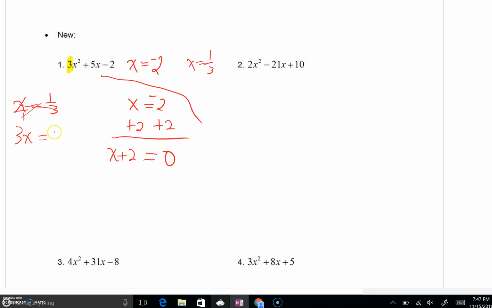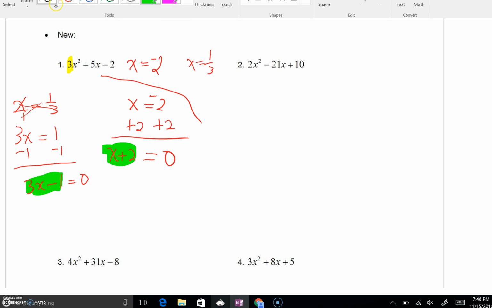Here you'll get 1 times 1, that's a 1. And you want to do that. You don't want to have a fraction in your factored form. Now we can minus a 1 from both sides. We'll have 3x minus 1 is equal to 0. Just want to point out to you that these two binomials will be your factored form.